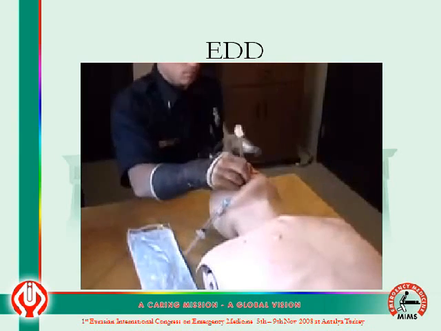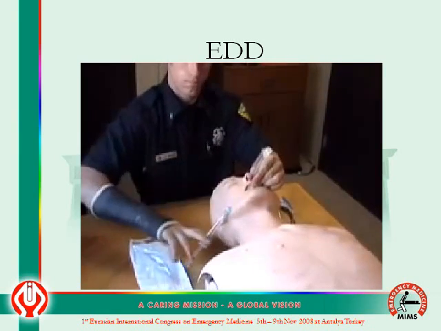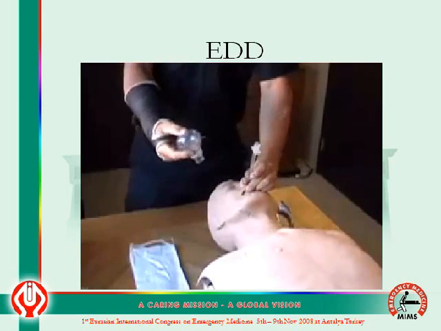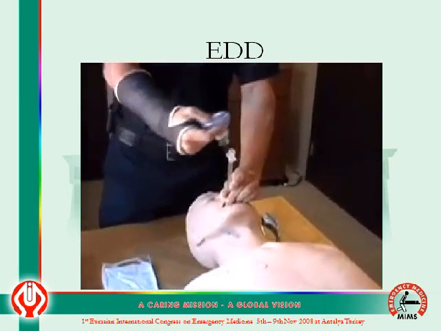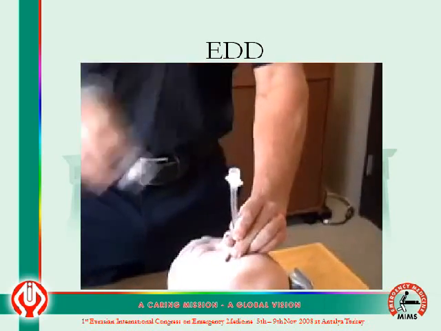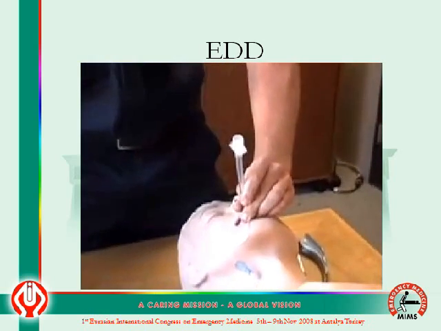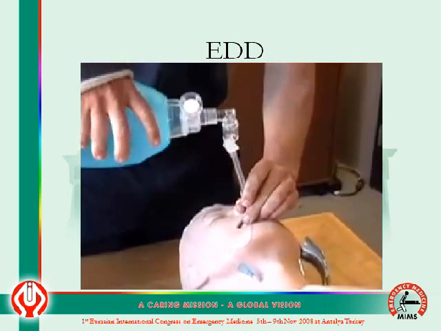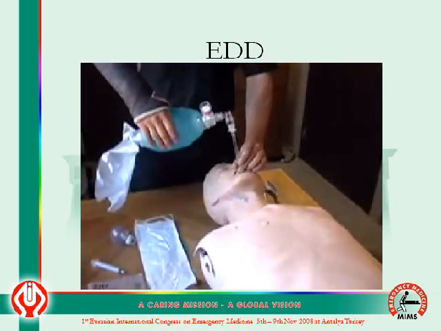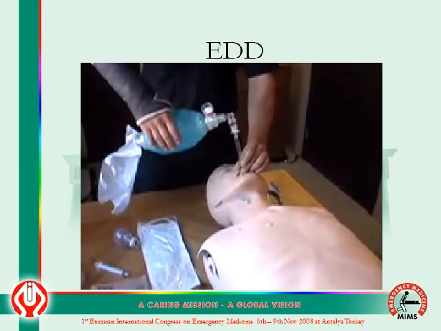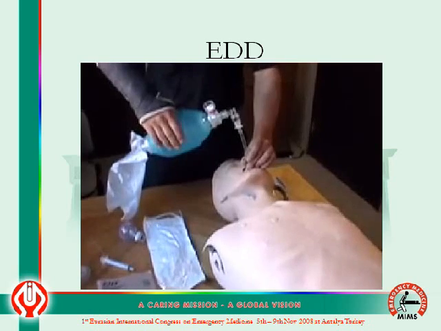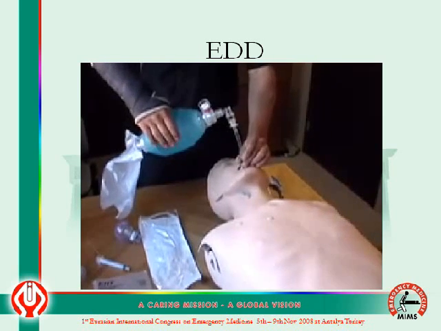Tube is placed, cuff is inflated, and the EDD will be squeezed and then placed onto the end of the tube. Quick recoil indicates it's in the trachea, proper placement, and bagging is continued. This ensures endotracheal tube placement in the trachea. Next step would be to apply end-tidal CO2, preferably using capnography.